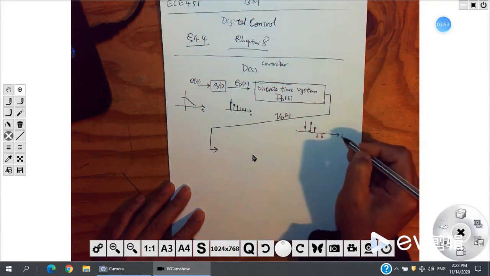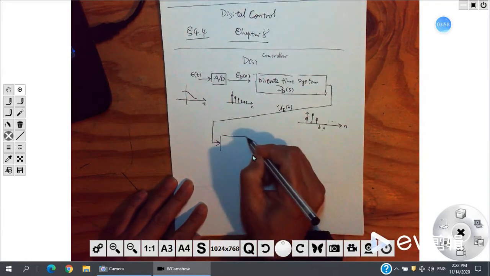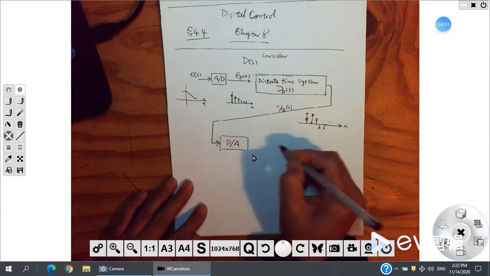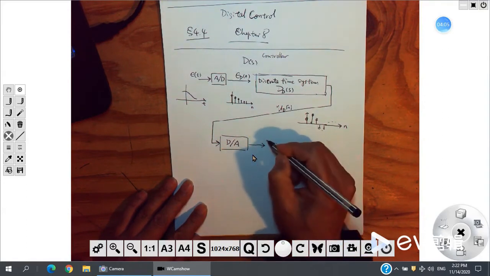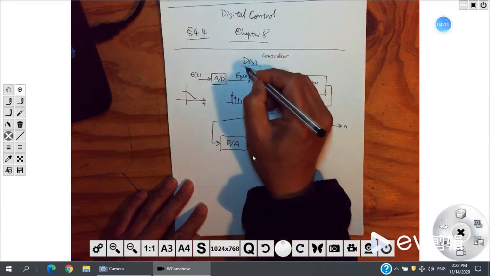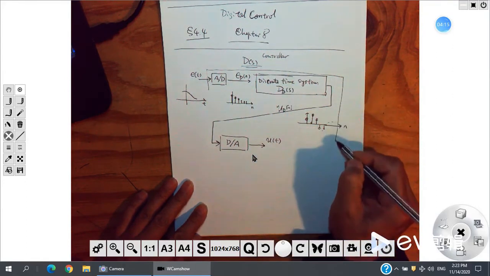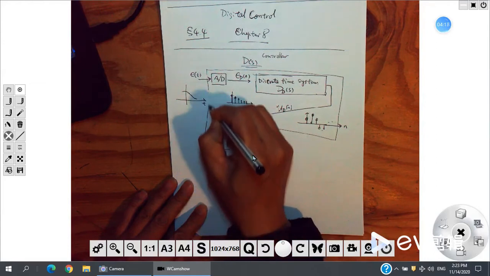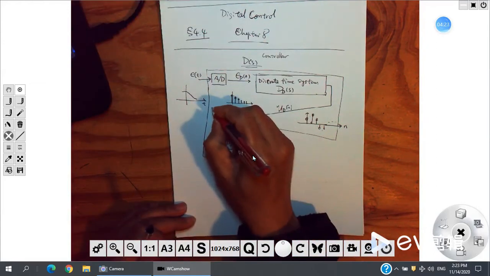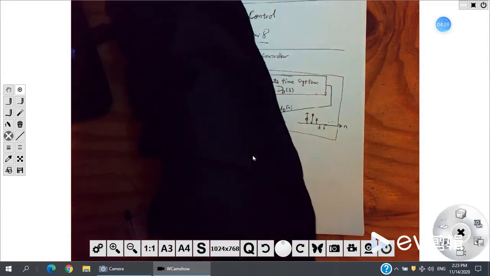This axis is N. U D of N. Then here we use the reverse, a digital to analog converter, and we want to have U of T. So we will realize D of S in this way. The whole thing combined together is D of S.